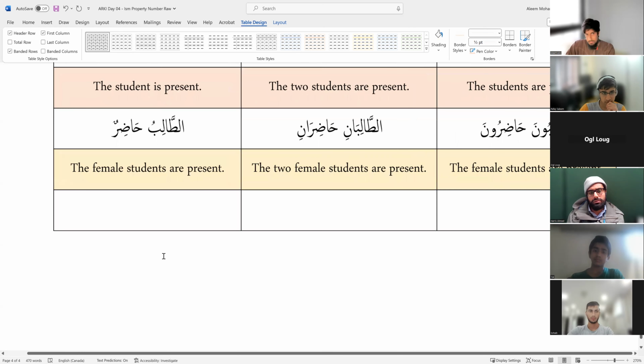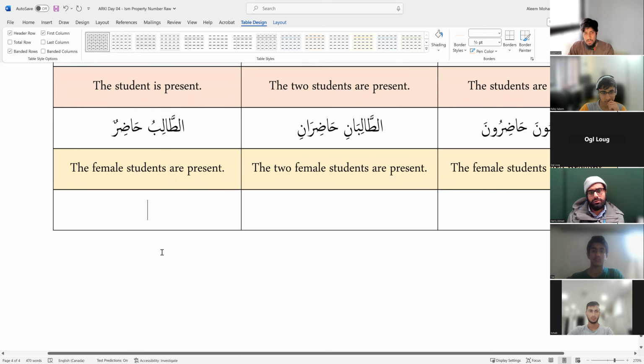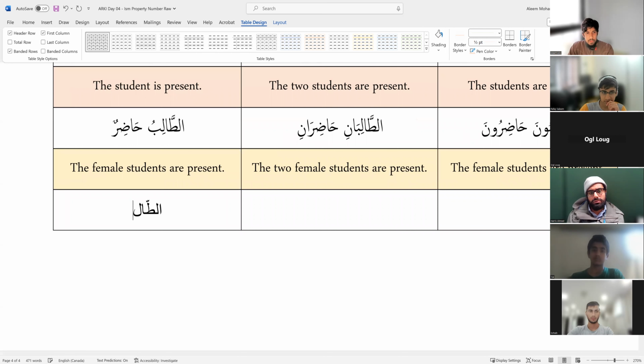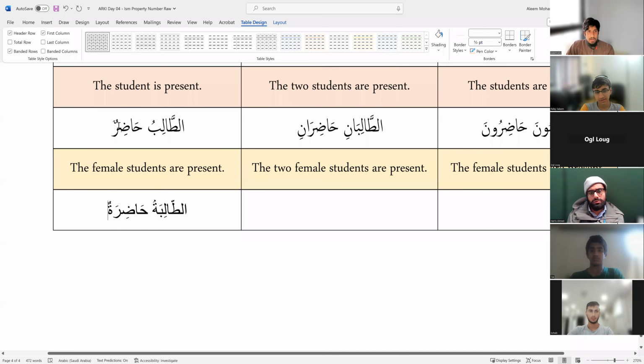So female student is just al-talibatu, and then my khabar would have to be female as well, because we're talking about a female student. Hadiratun, right? Simple enough. What if we wanted to take two of them?